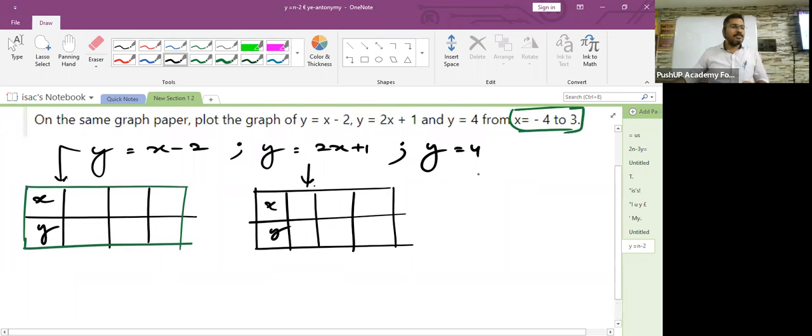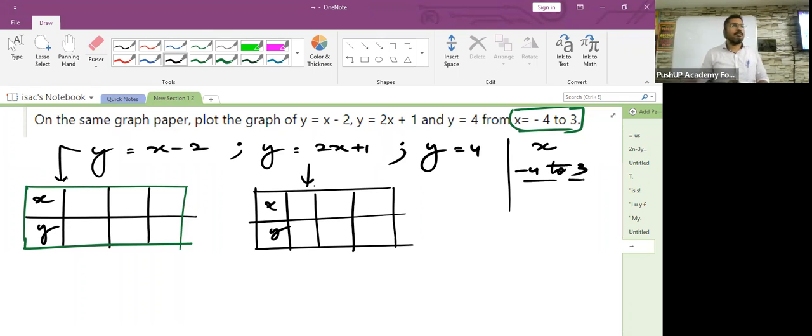First of all, let's find out the table for the first equation, which is y is equal to x minus 2. Children, what is the first value that you want to give? 0? But remember, x should be ranging from -4 to 3. Children, don't forget about this.